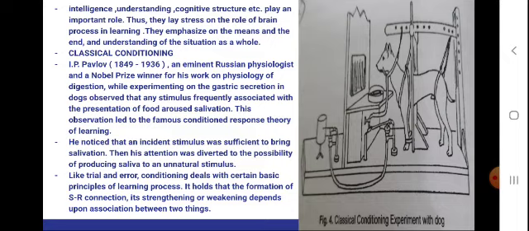Then, his attention was diverted to the possibility of producing saliva to an unnatural stimulus. Like trial and error, conditioning deals with certain basic principles of learning process, it holds that the formation of stimulus response connection, its strengthening or weakening, it depends upon the association between two things.